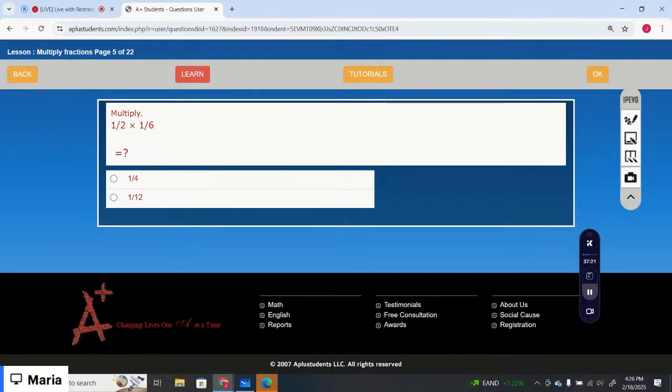1 by 2 times 1 by 6, which is the correct option? 1 times 1 is 1 and 6 times 2 is 12.